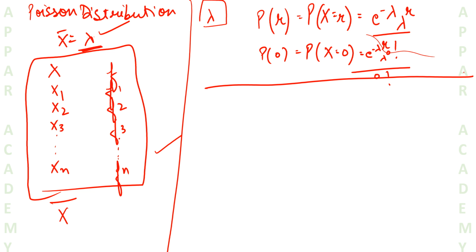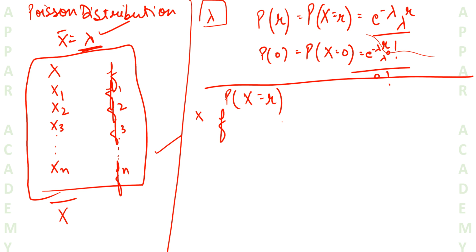But next, once you have computed the probabilities, probability of x equal to r, the question is, are probabilities and frequencies the same? No. Probabilities and frequencies are not the same. So we need to compute the frequency, because whenever we are fitting a distribution, we need to have a variable x and its respective frequencies.